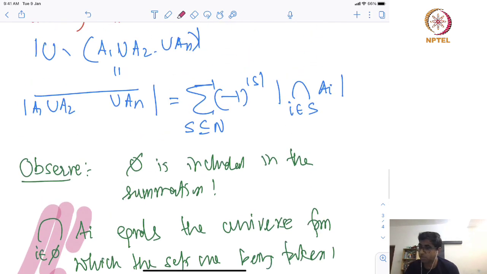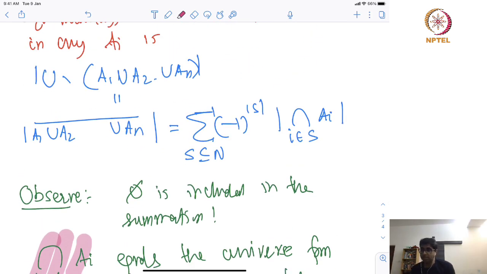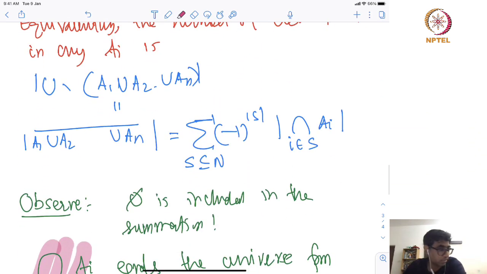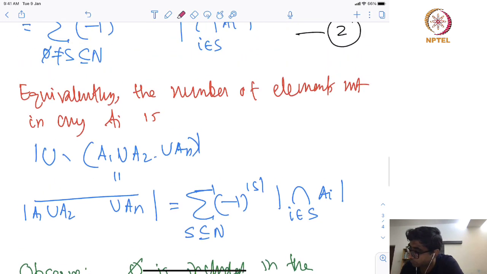By including this, now let us give the proof for, let us call this formulation 3.